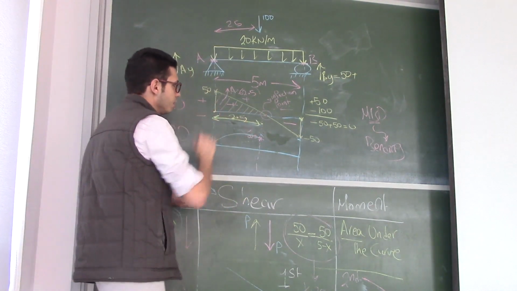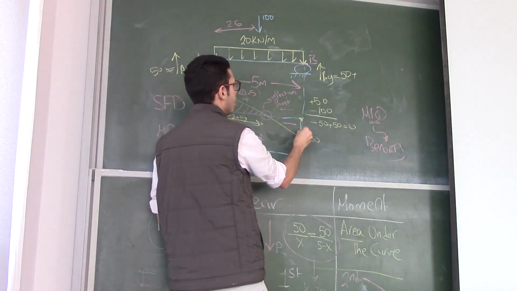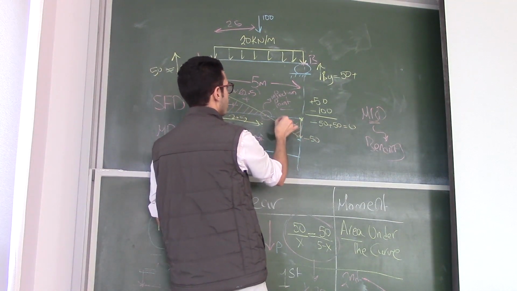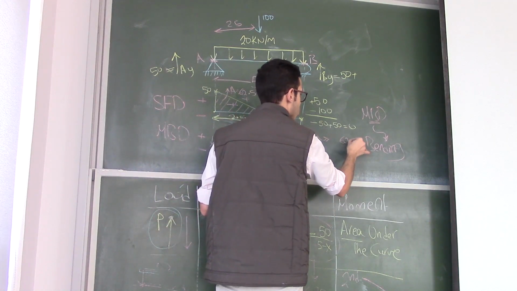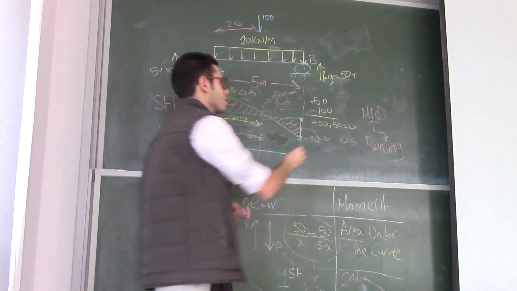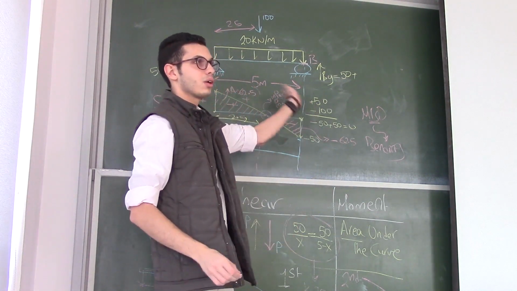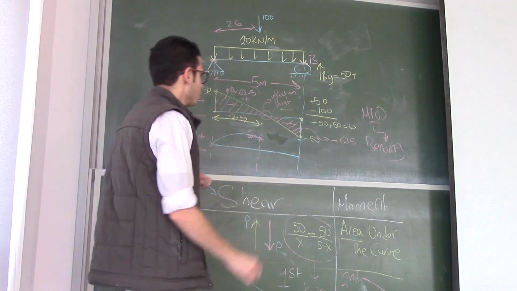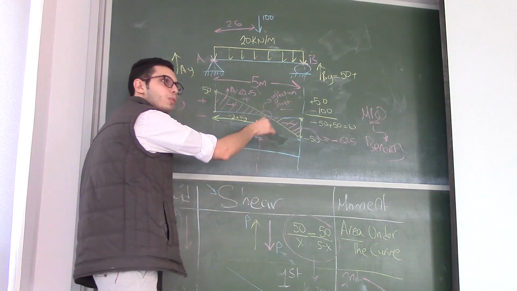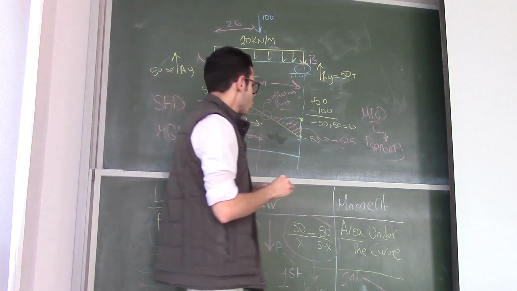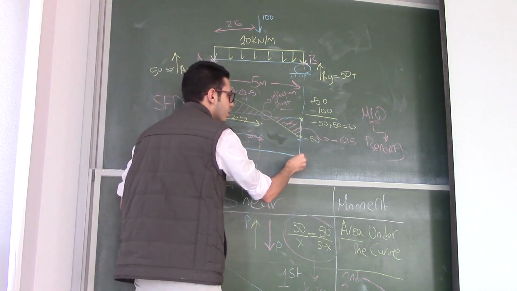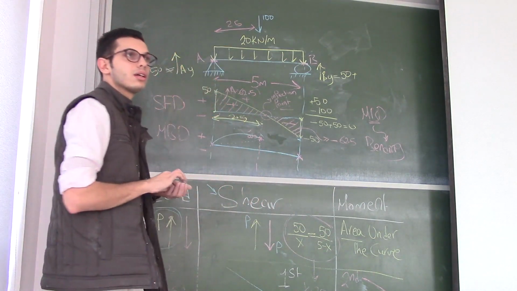Okay? Now, the area for the second curve. If you calculate the area, it will equal 62.5 again, but it's negative because it's a negative area, okay? So now you have 62.5 minus another 62.5. So your next destination will be the 0, right?